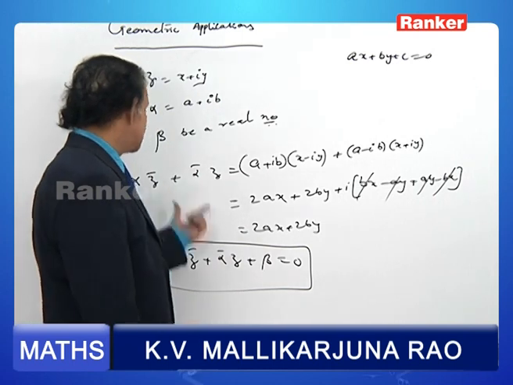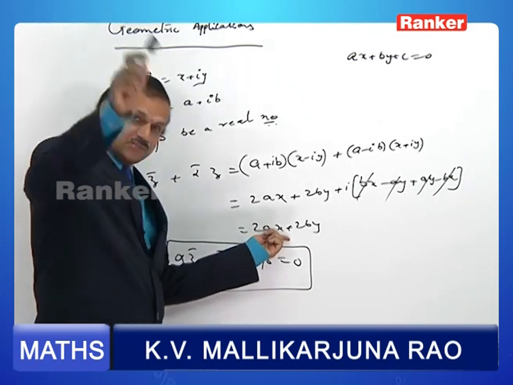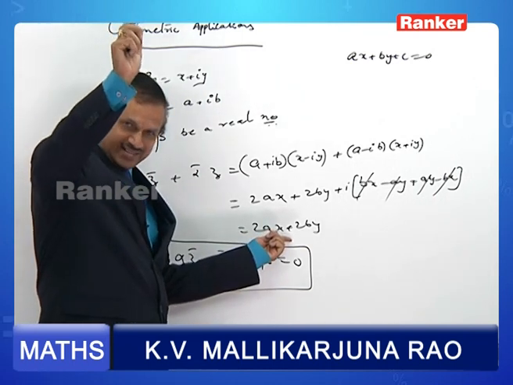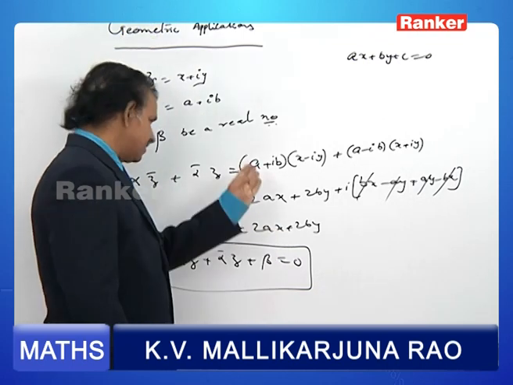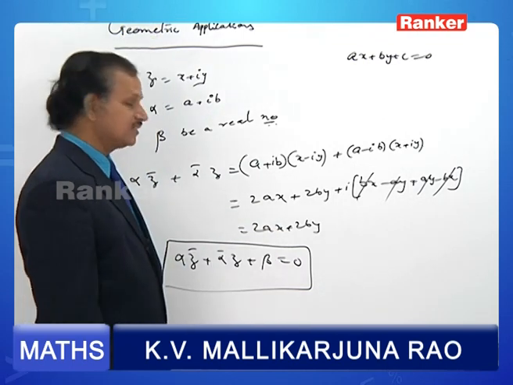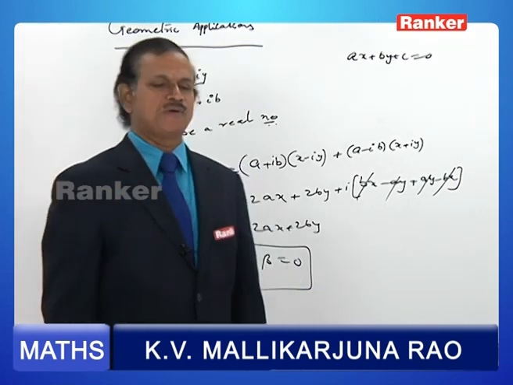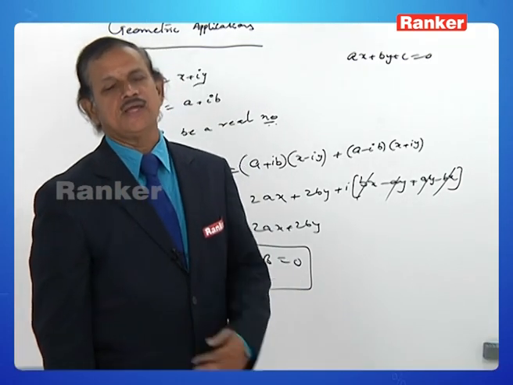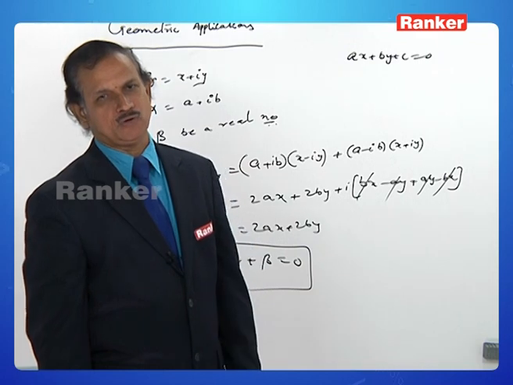Moreover, this part we shall be making use of in circles also. Don't forget it. Alpha z bar plus alpha bar z is just nothing but 2ax plus 2by, provided alpha is equal to a plus bi, where a and b are real numbers.